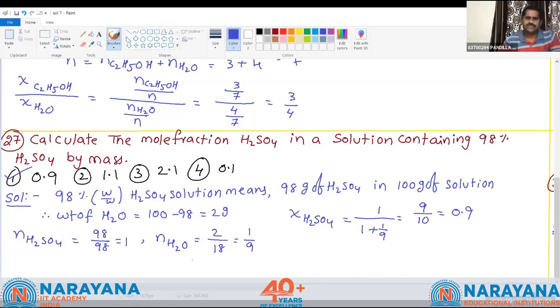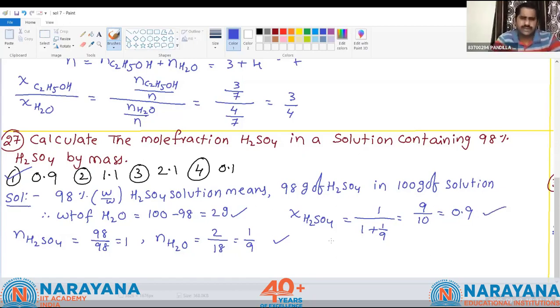The solution is a mixture of solute and solvent. The solvent is water, whose weight is calculated as 2 grams. Number of moles of H2SO4 is weight by gram molecular weight, which is 1. Number of moles of H2O is 2 by 18, which is 0.1. So the mole fraction of H2SO4 is number of moles of H2SO4 by total number of moles, 1 by 1.1, that is 0.9. We got 0.9 as the answer.